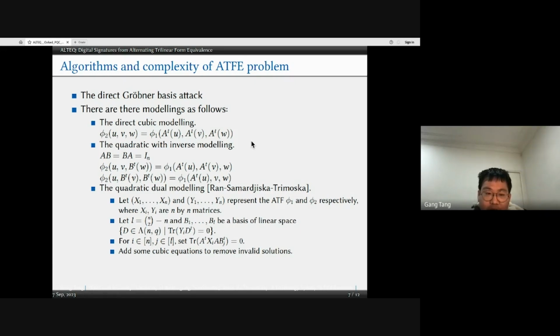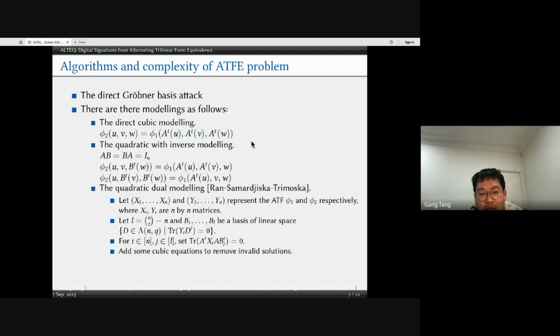Like phi1 and phi2, we use x1 to xn and y1 to yn. And then we have L equal to n choose 2 minus n. We use B1 to BL, L matrices, to span the orthogonal complement of Yi with respect to trace 0.